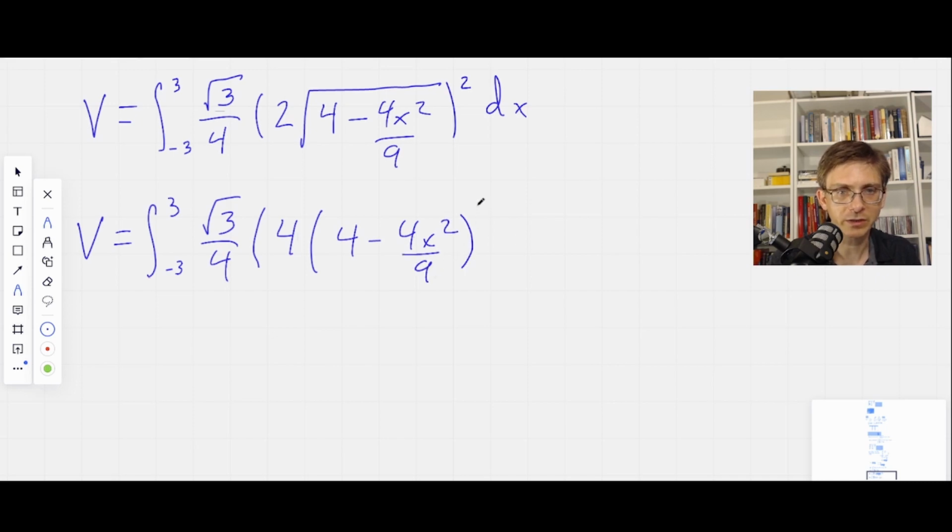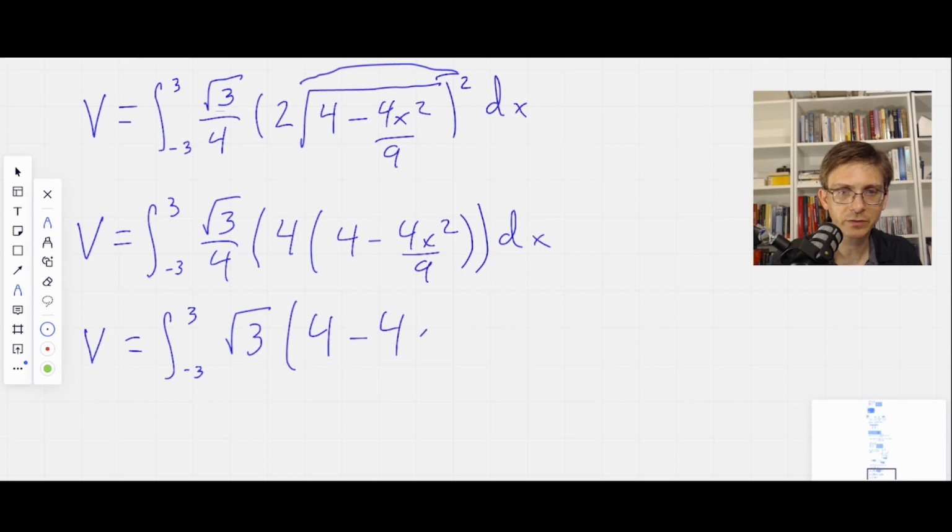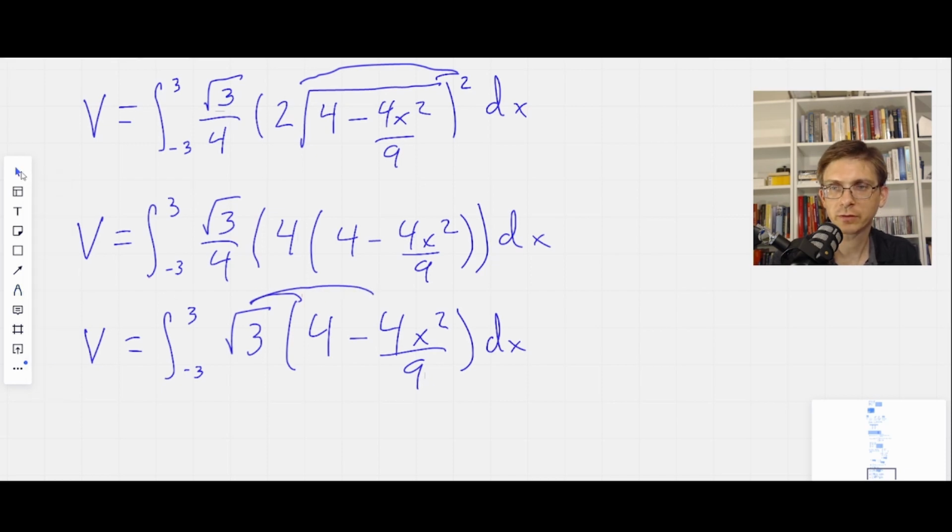So that square gets distributed to both the 2 and the square root. And there we go. So the next thing I'm going to do is combine the rad 3 over 4 and the 4 because those are next to each other. Rad 3 times 4 minus 4x squared over 9 dx. And then the next thing I'll do before I integrate is distribute this rad 3 into both terms.